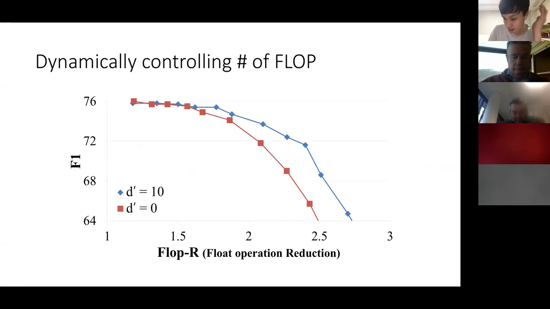As we see, the blue one is the skim RNN, and the red one is the skipping, where the small hidden state size is basically 0. We see a better curve of F1 versus flop reduction than the skipping. So this shows that skimming works better than skipping. And of course, we can dynamically control the number of flops at runtime.